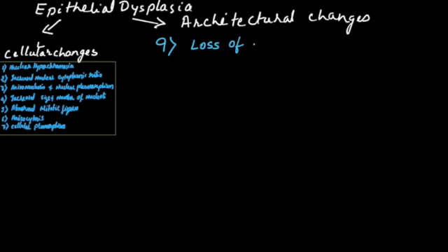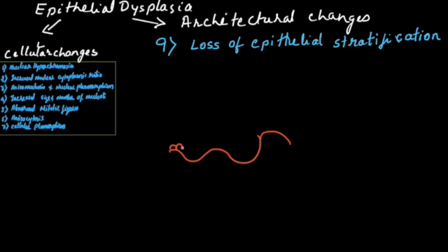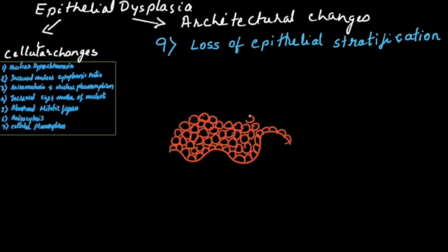The ninth architectural change is loss of epithelial stratification. The oral epithelium is called stratified squamous epithelium because it has layers which are very well organized. First is the basal cell layer, then the spinous cell layers which are all stacked one upon the other, and then the stratum granulosum and stratum corneum in keratinized epithelium.